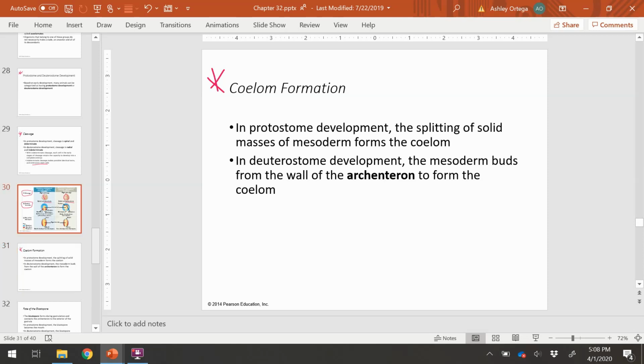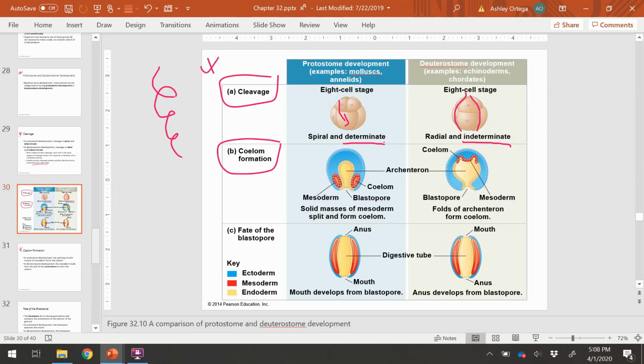So you can see in the picture here that the mesoderm mass in the protostomes will be split to form the coelom, whereas in deuterostomes, the coelom is pinching off of the archenteron, which is that inner endoderm layer. But that mesoderm is that red part there that forms the coelom.